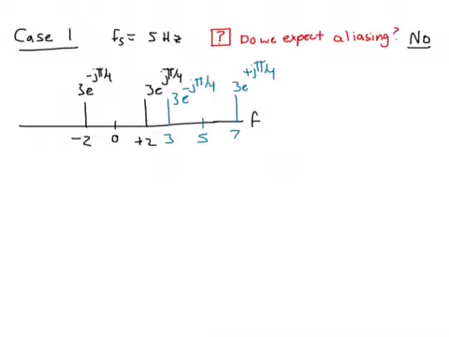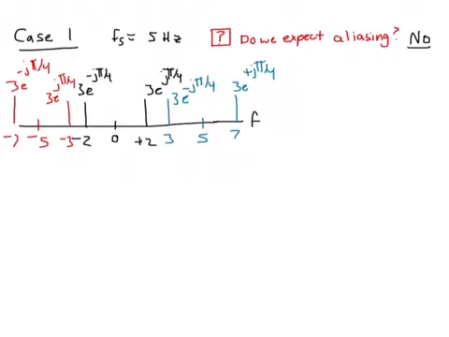We also have a copy at -5, and so I'll draw that on here. The copy at -5 I'm going to draw in red, and we get something at -7 and then -3. And they have the heights 3e to the minus j pi over 4, 3e to the plus j pi over 4.